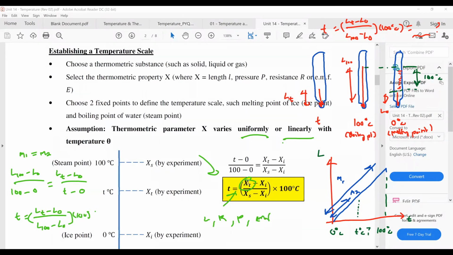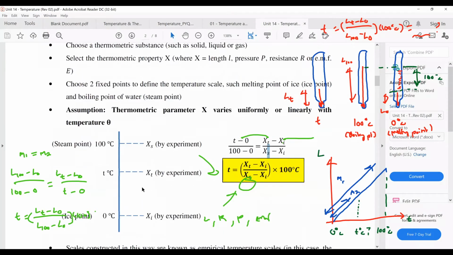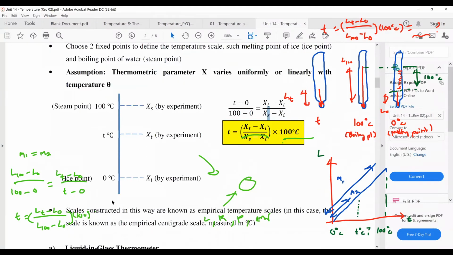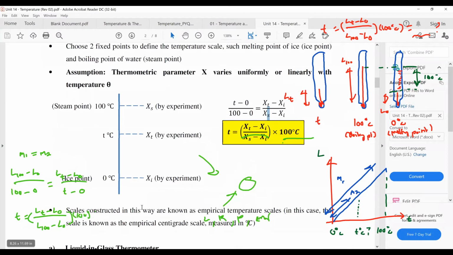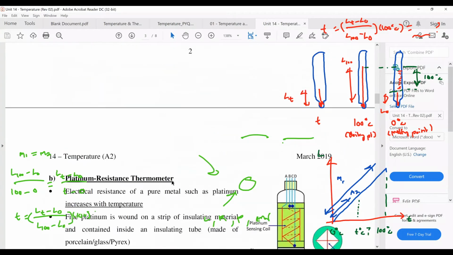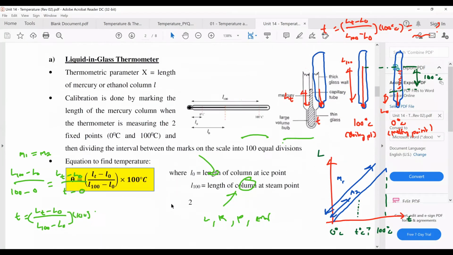It is always the thermometric property at that temperature minus the thermometric property at ice point, over the thermometric property at steam point minus the thermometric property at ice point. The I here represents ice point, the S here represents steam point. That is the notation here. Scales that you construct this way, or temperature that you measure this way, is known as your empirical temperature scale, degrees centigrade. So that part is fine.